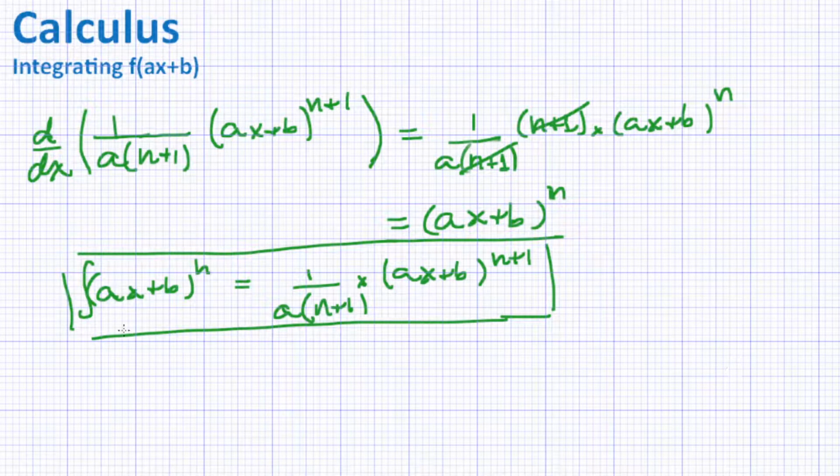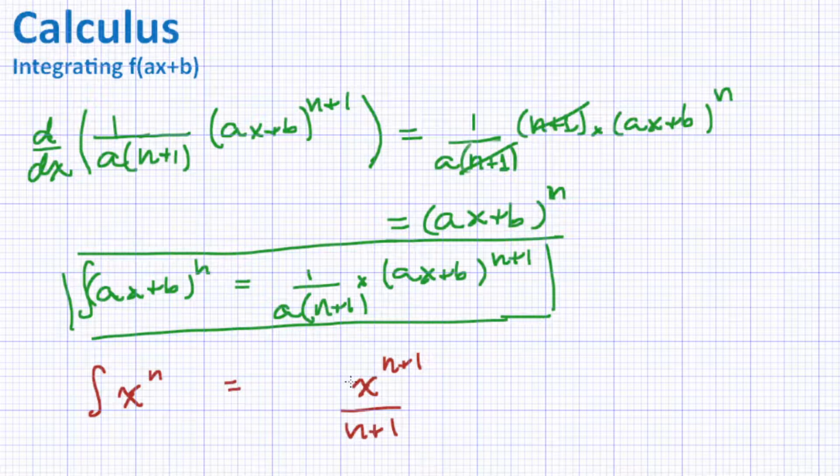Now let's compare with our non-composite function. This would be the integral of x to the power of n, and that would have been x to the power of n plus 1 over n plus 1.